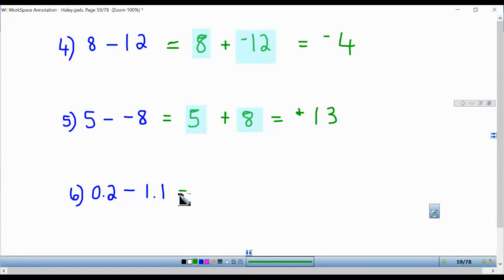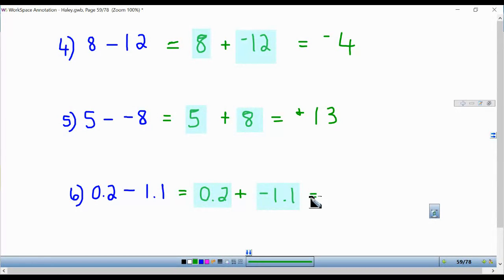Okay, so this one here involves decimals. Same thing, I'm going to rewrite it as an addition. So 0.2 take away 1.1 is equivalent to 0.2 plus negative 1.1. And again, I'm going to ask that question: which one of these numbers has the greatest absolute value?